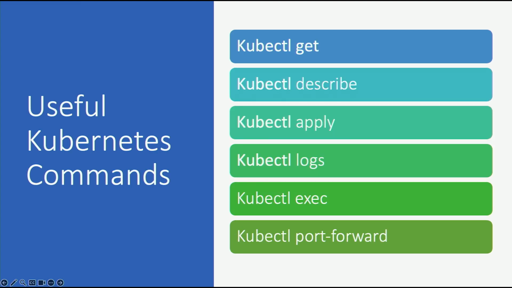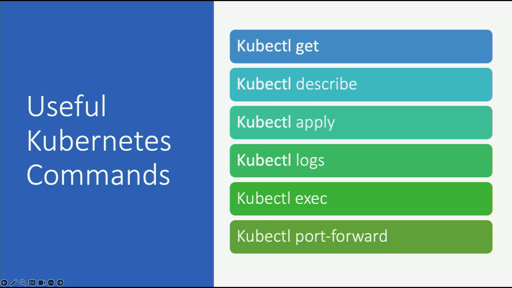So here's some useful Kubernetes commands. We're not going to get into them all, but effectively at the command line, you could type in these commands to get a lot of useful information about what's going on in your cluster, like what pods are running. You could get a very detailed description of the pod or the other objects in the cluster.